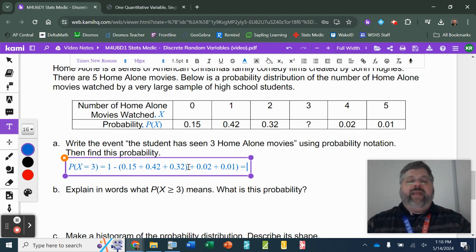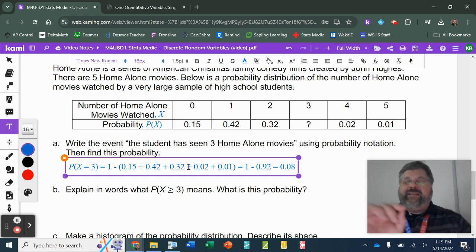And when I add all of those together, it looks like I have a stray parenthesis in here, so let me take that out. When I add all of these together, I end up with 0.92. So I'm going to have 1 minus 0.92, which means that the probability of a student having seen exactly 3 movies is 0.08.